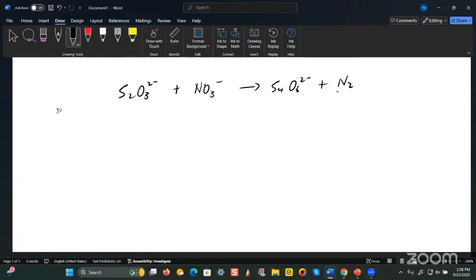You would separate it into two equations, the NO3- into N2, and then the S2O3 2- to S4O6 2-.